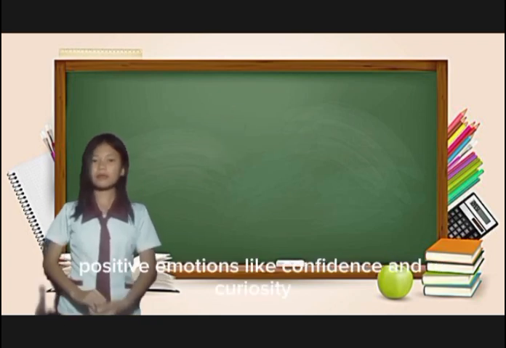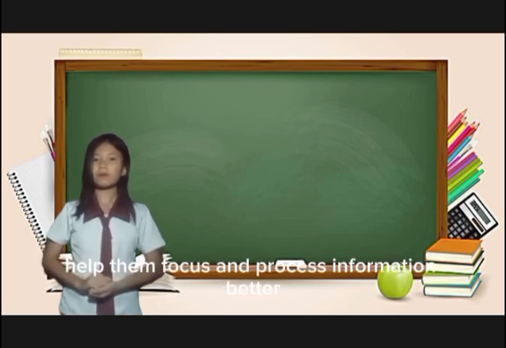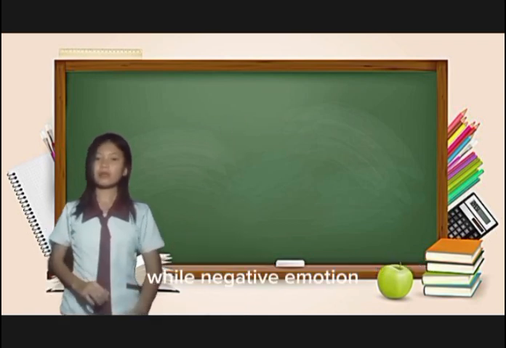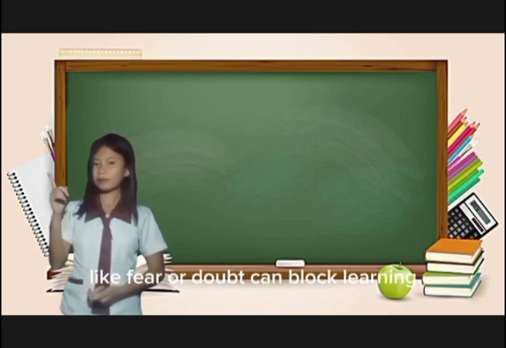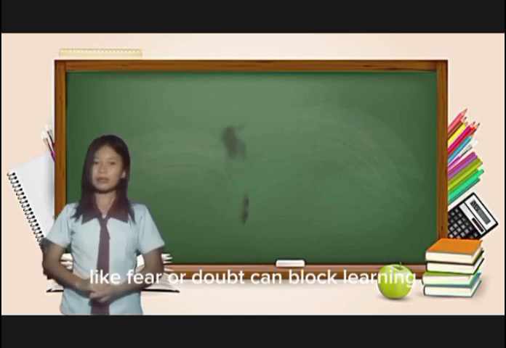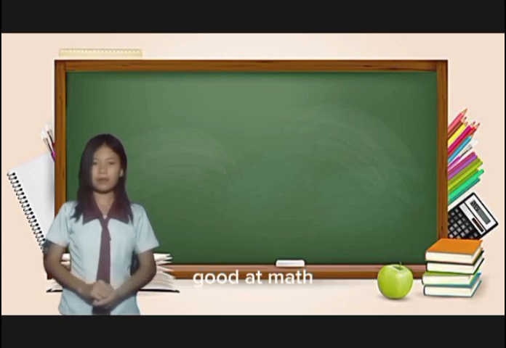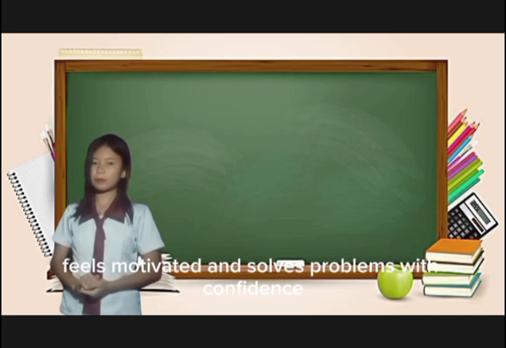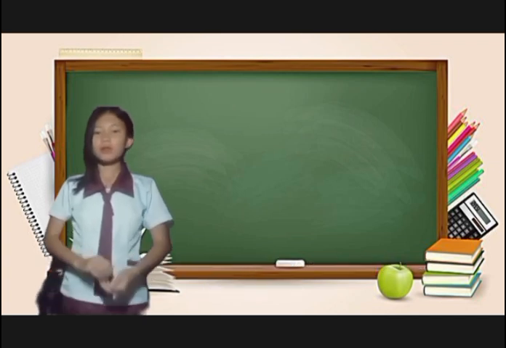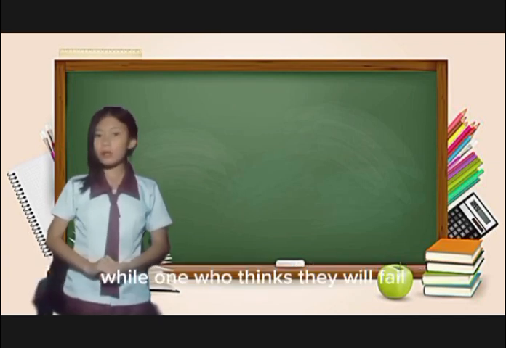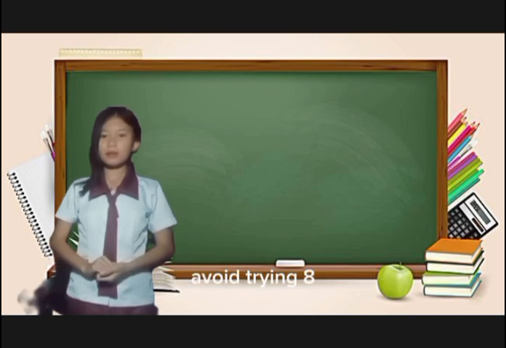Positive emotions like confidence and curiosity help them focus and process information better, while negative emotions like fear or doubt can block learning. Example: a student who believes they are good at math feels motivated and solves problems with confidence, while one who thinks they will fail avoids trying.